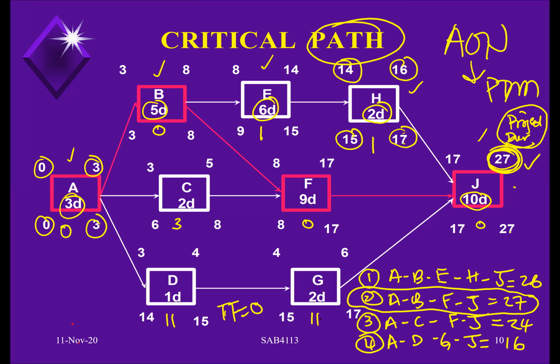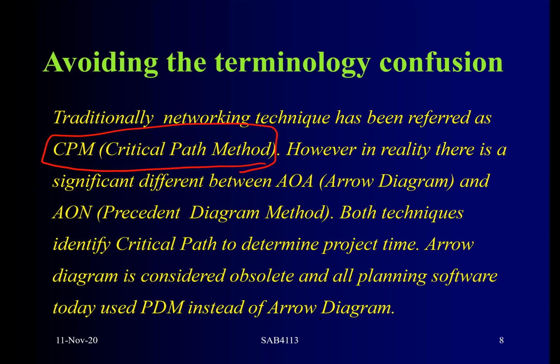Based on this terminology, since you are learning a new thing, you might not get confused. But for all the old people, remember, they started learning the AOA diagram, and only then did the PDM diagram come into place. So they always associate the AOA diagram with CPM, the critical path method.